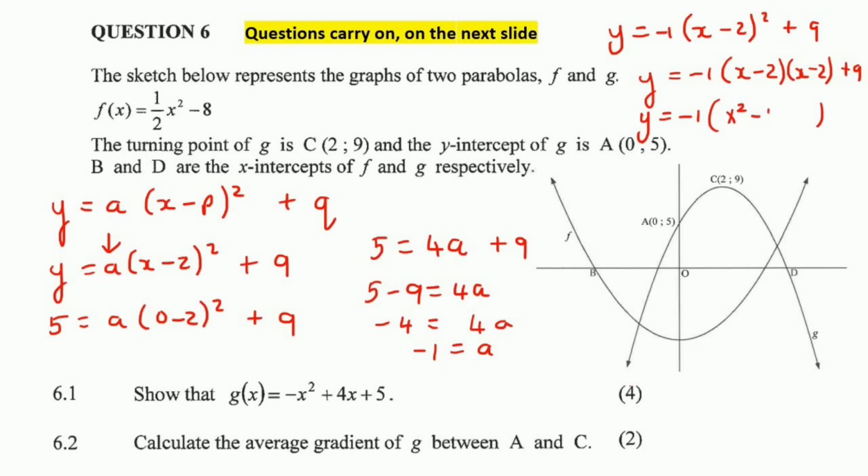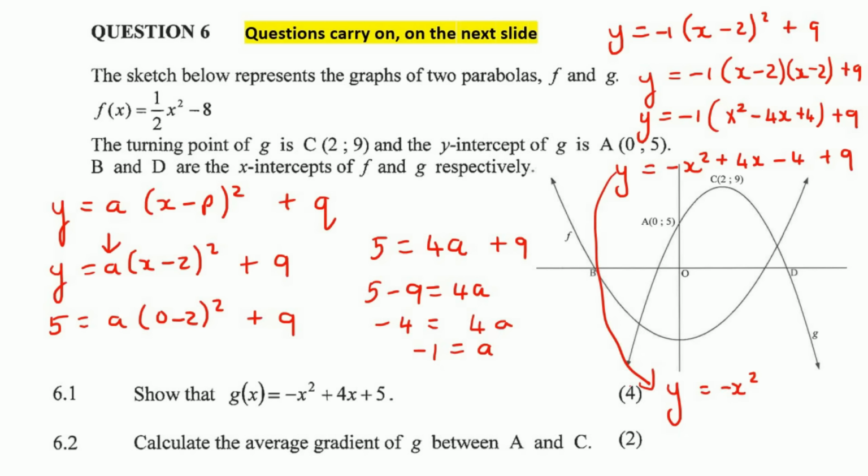So x squared minus 4x plus 4, plus 9. Then put the minus 1 in, and then simplify. Sorry guys, I'm going to write that down here now. So y equals minus x squared plus 4x minus 5. And that's how we do it. All right, so I hope that makes sense.